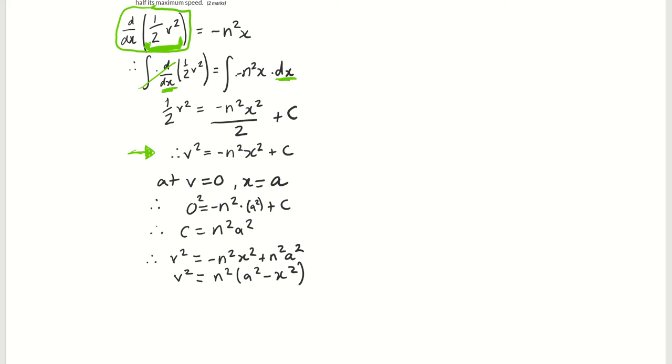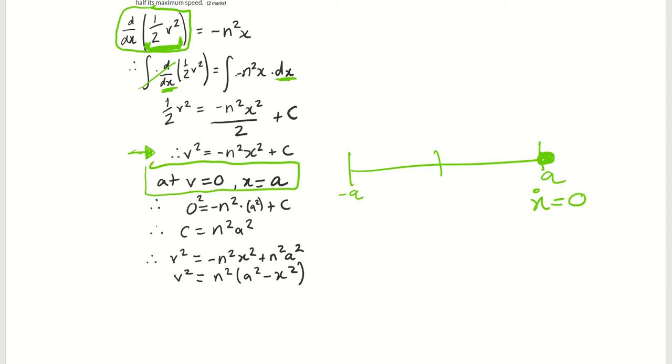Now my problem is with this, I've got c. And I don't know what c is. So I need to find it. So I think of some values that I know. And what do I know from my straight line? That when I'm at A, for instance, I knew my velocity is 0. So that's like a point I can substitute in to find my c value.